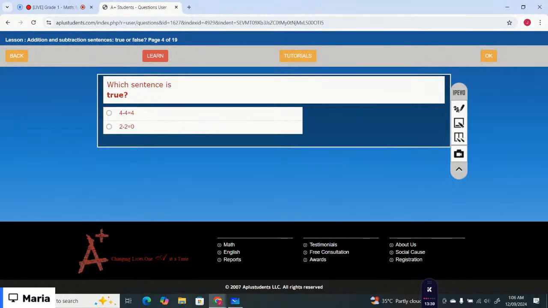Which sentence is true? 4 take away 4 is 4, and 2 take away 2 is 0. Which is the correct option?